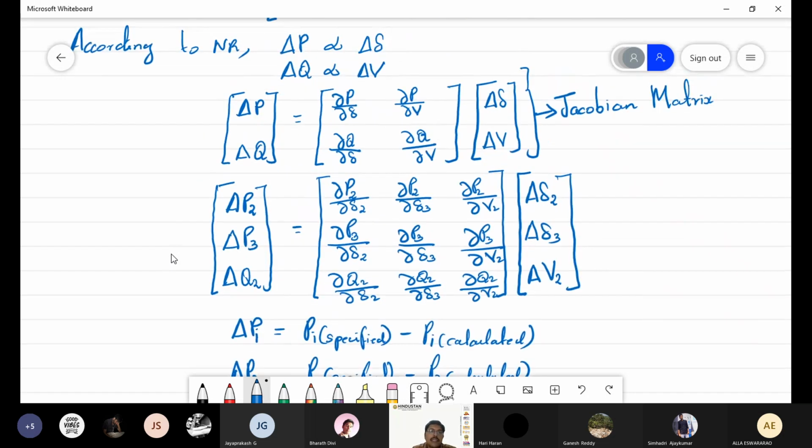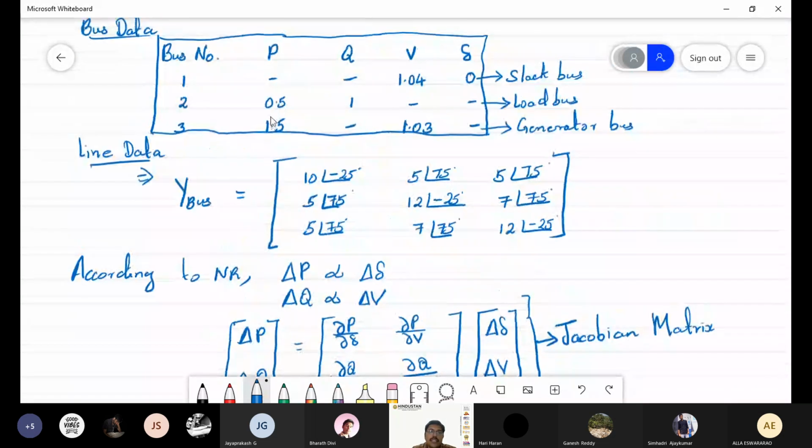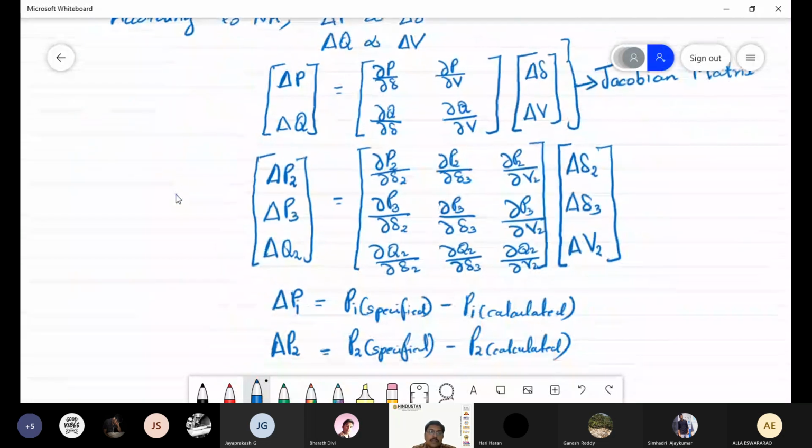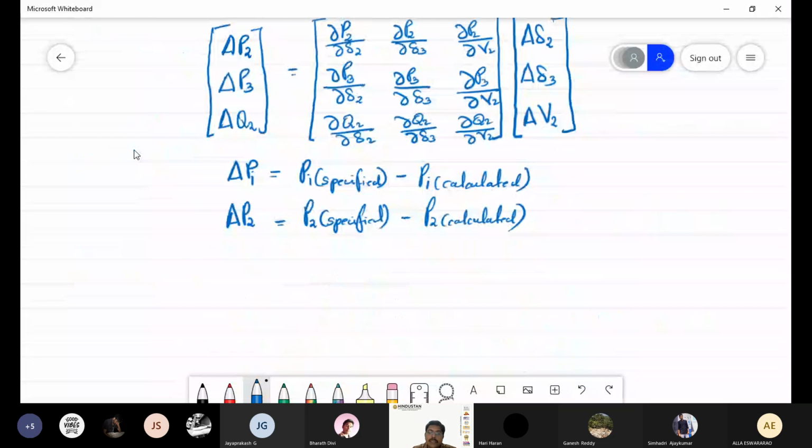You can see P2 specified is 0.5. So we can keep it here as given in the problem, P2 specified is equal to 0.5. Now we need to find P2 calculated.